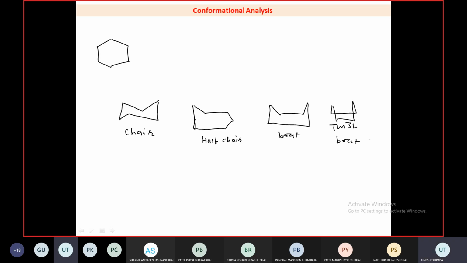Write down in the chat box which form is more stable.